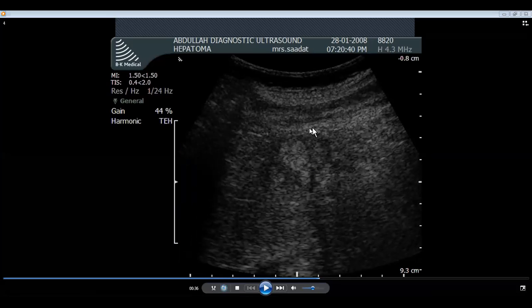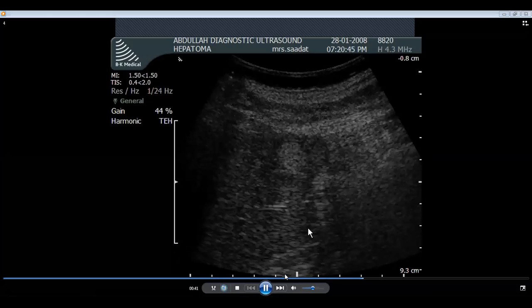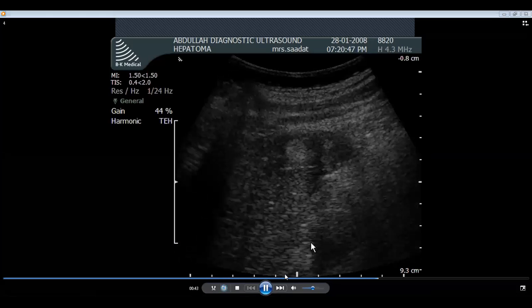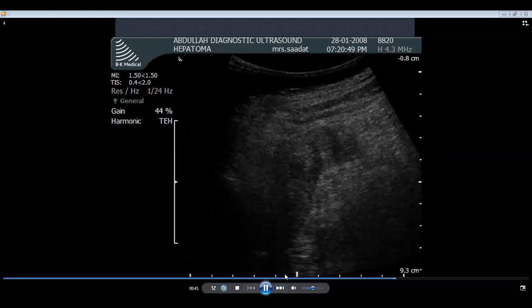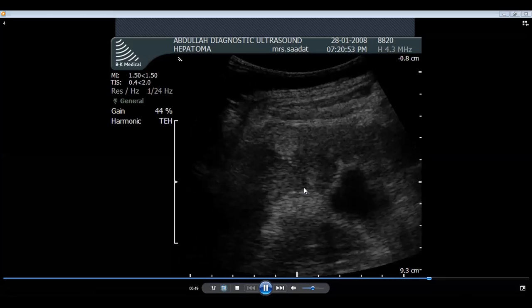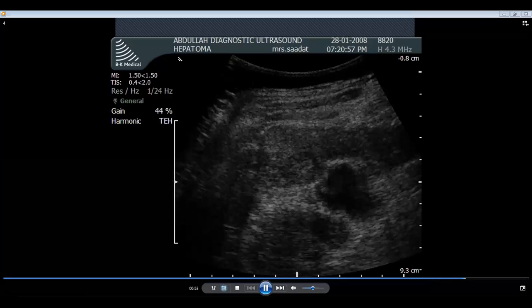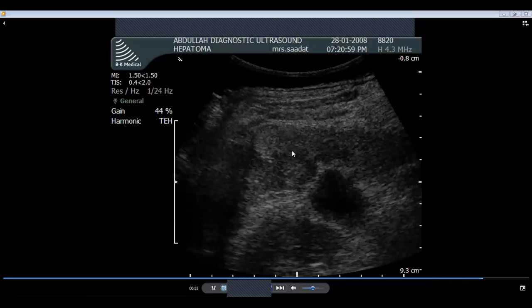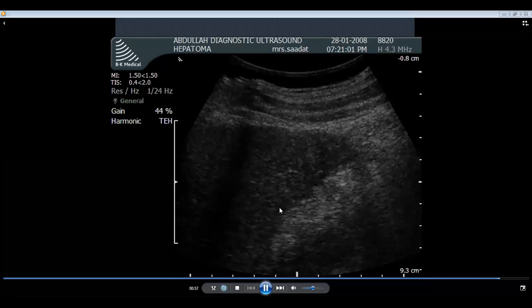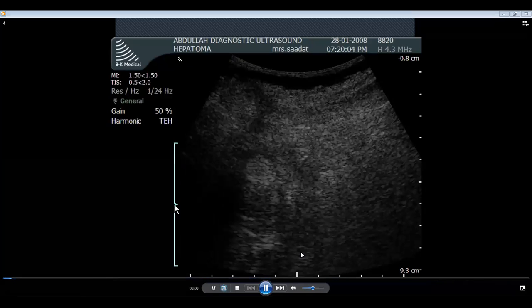You can appreciate a black zone all around. This black zone, or halo, is a sign of invasion and infiltration all around. So malignant growths will have a black halo all around.